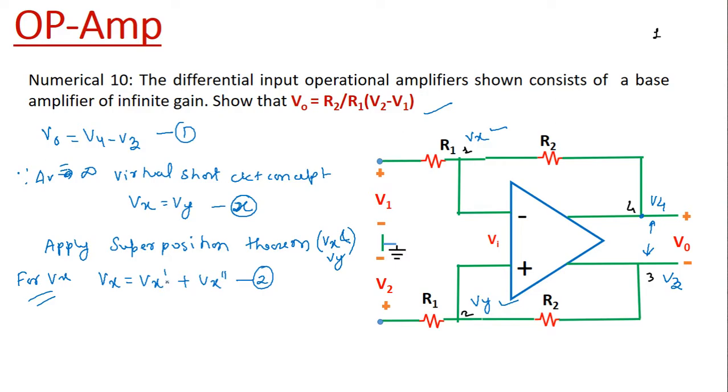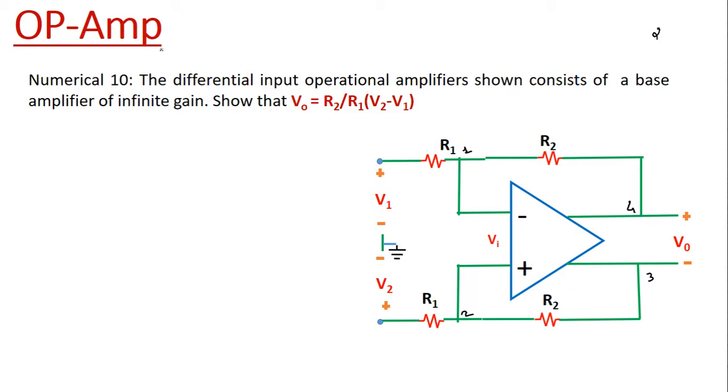Now Vx dash will be due to V1 when V4 is not acting, V4 is ground, and Vx double dash will be due to voltage V4 when V1 is not acting. So first we will find out Vx dash. Vx dash is found when V1 is acting and V4 is ground, that is, V4 is not acting.